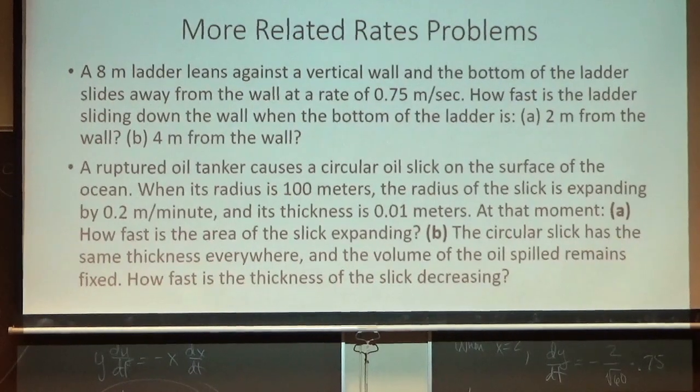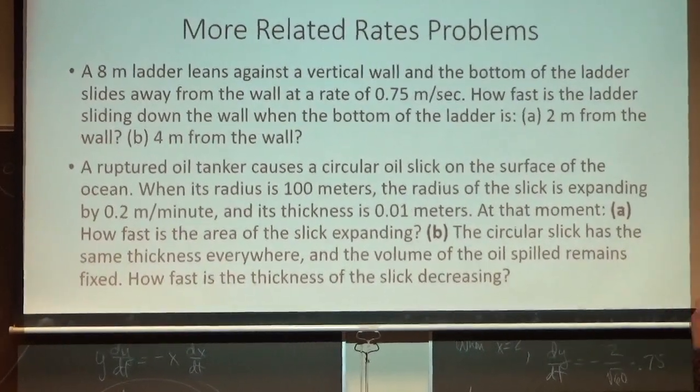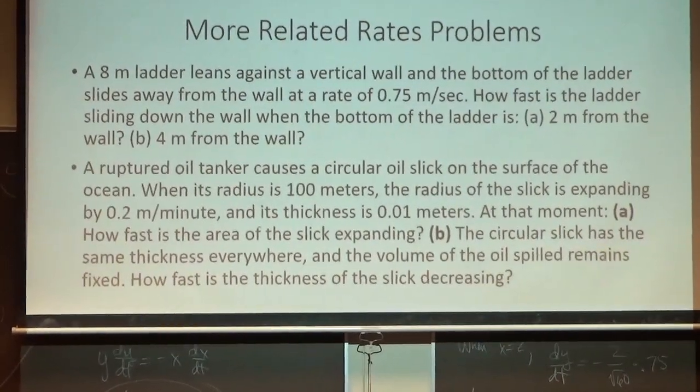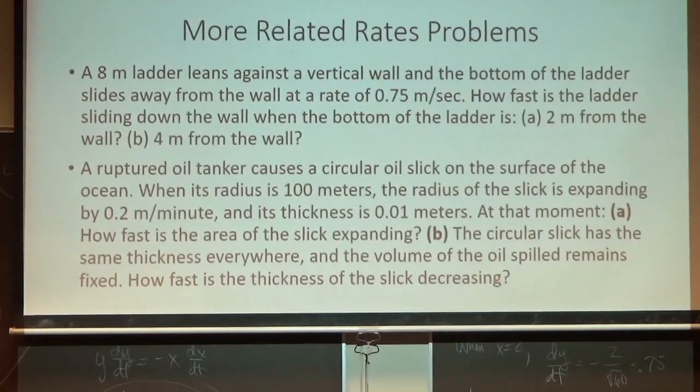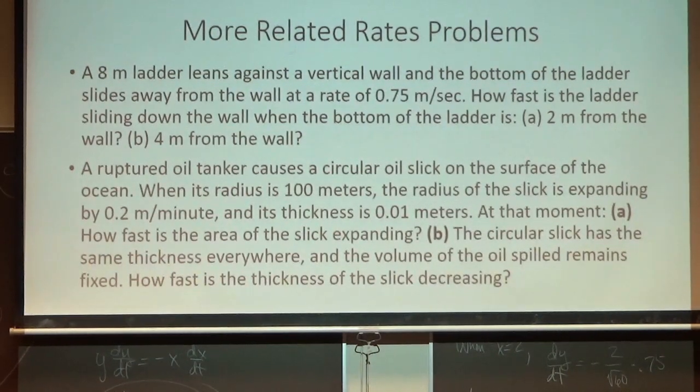Part A, how fast is the area expanding? Part B, the circular slick has to be the same thickness everywhere. It doesn't seem like it's necessarily realistic, but that's what it said there in the book. Just modify the numbers from the book. And its volume remains the same because it's still the same amount of oil. How fast is the thickness decreasing?